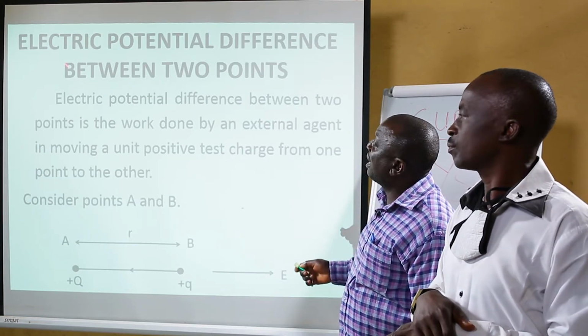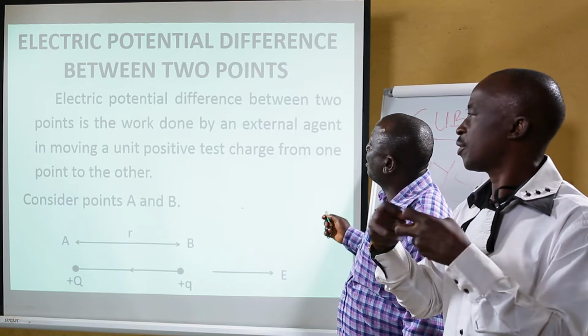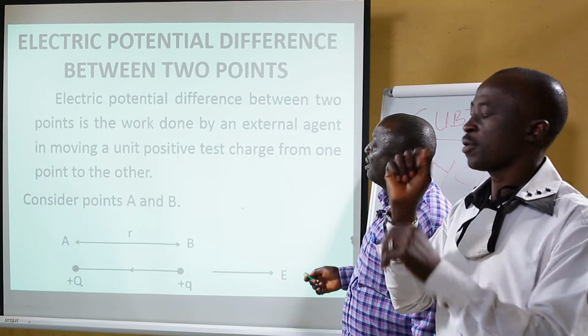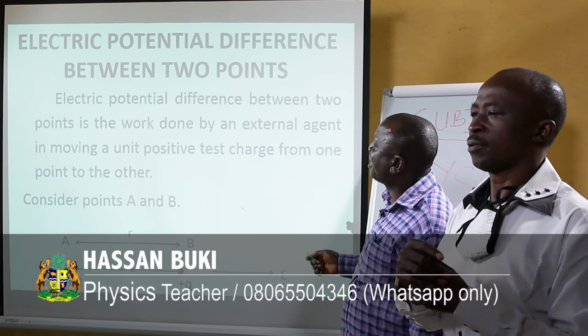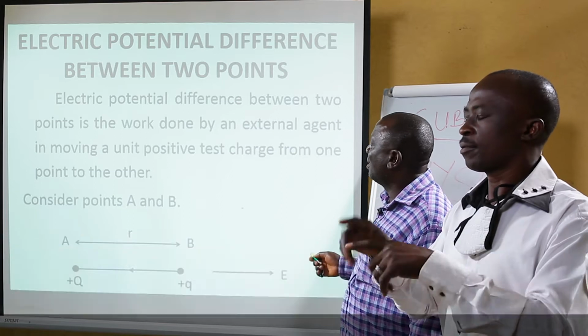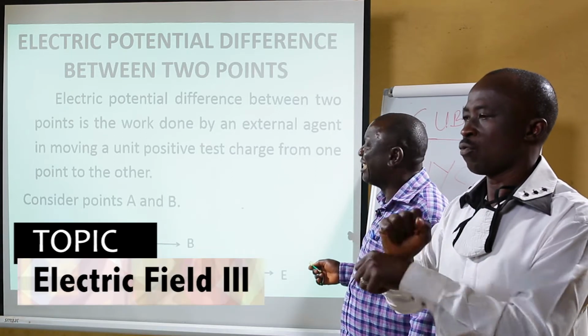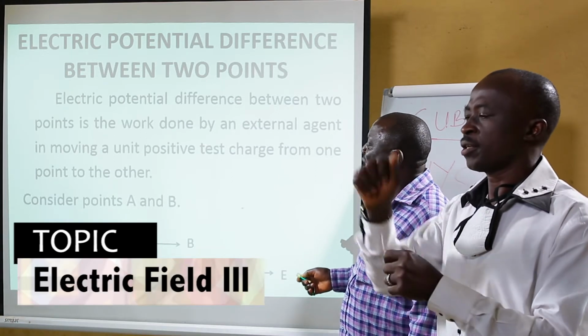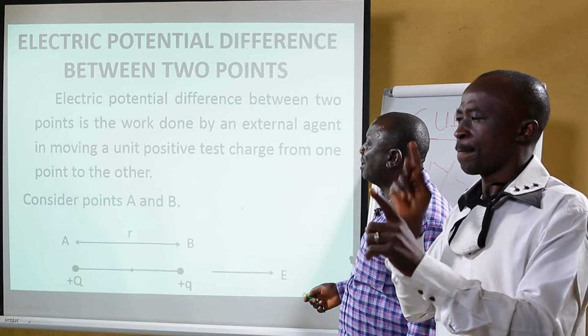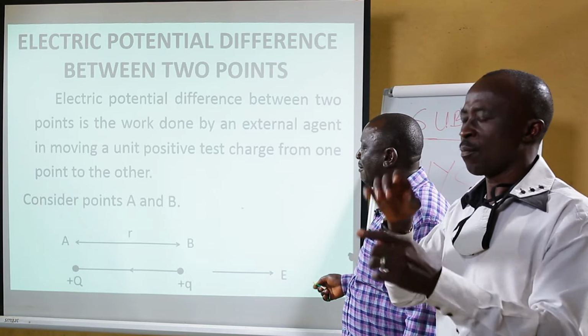Now, we look at electric potential difference between 2 points. We said electric potential difference between 2 points is the work done by an external agent in moving a unit positive test charge from one point to the other.